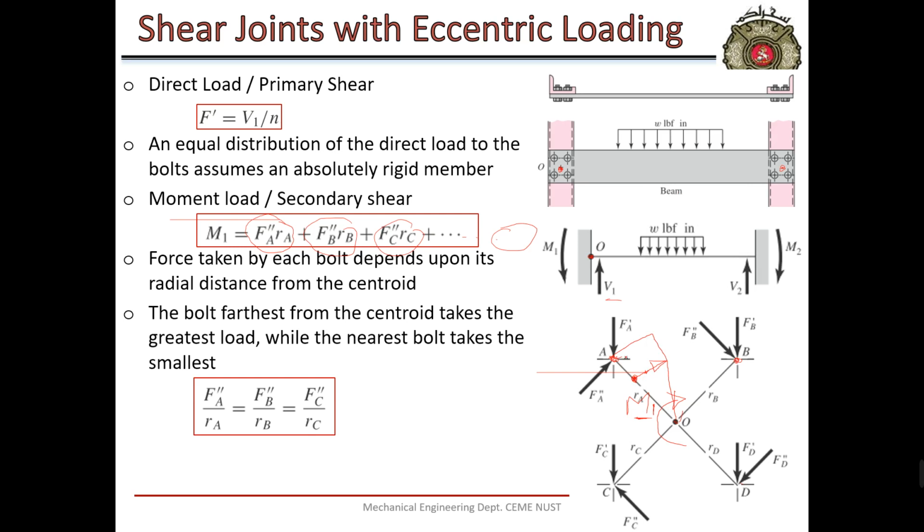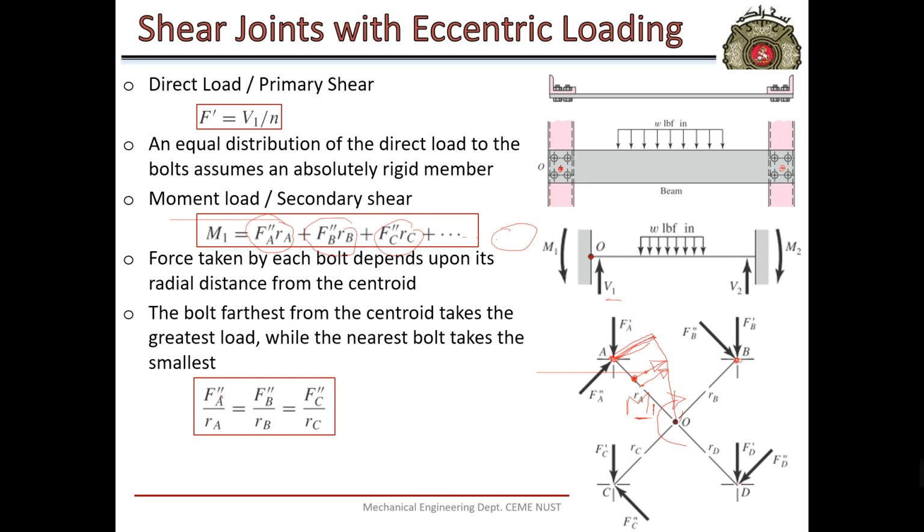So we have a similar triangle here. If we have half the distance from here, the force on that will be half of that. If it is Ra by 2, then the force will be Fa by 2. So we have a trigonometric relationship between forces and distances.